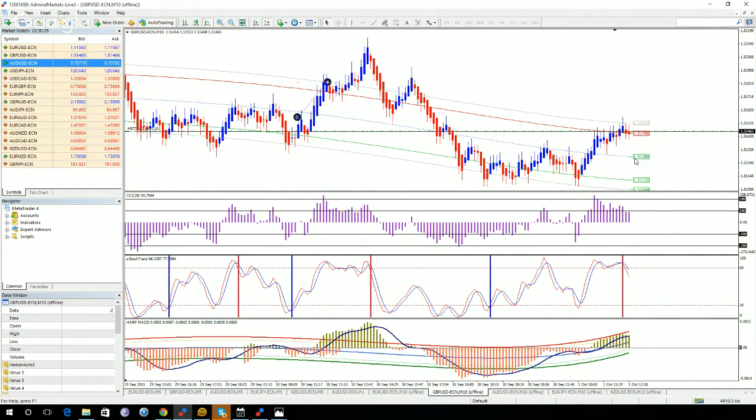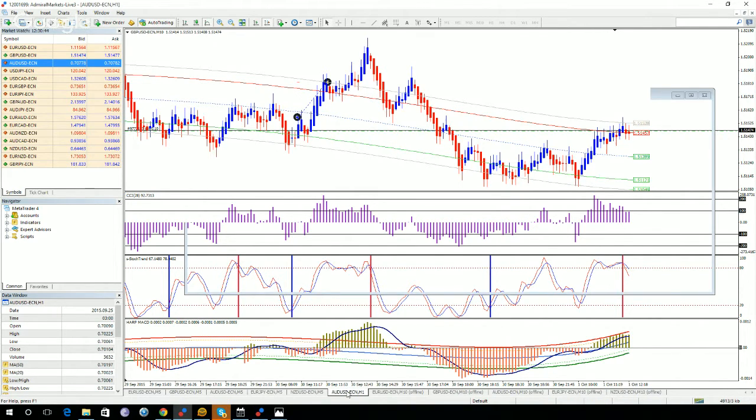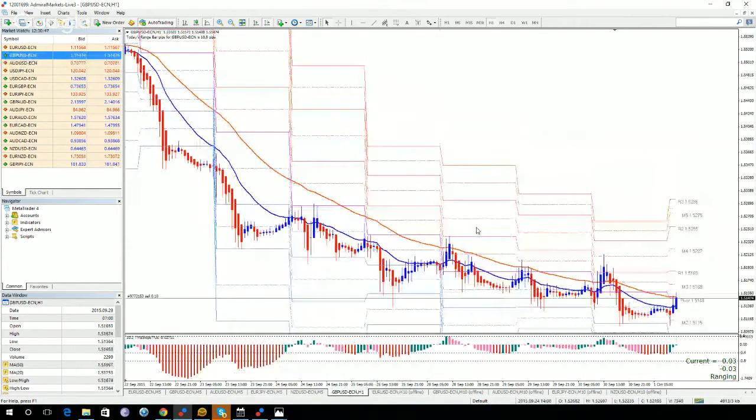But if it fails to reach this level and the slope becomes more inclined to the upside, I will review the trade. But currently, this is a short at 51.49 after 20 pips of profit on Australian dollar. Also, let's see what our analysis template is suggesting. It's suggesting that basically this is a pivot point.